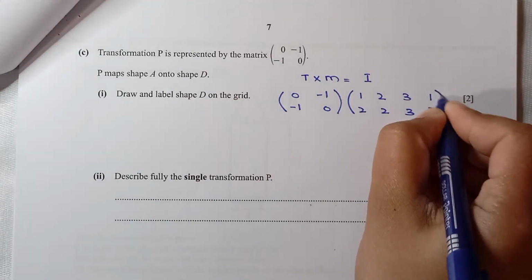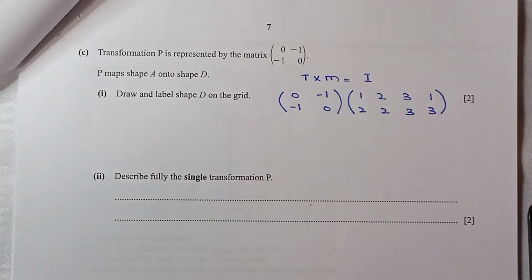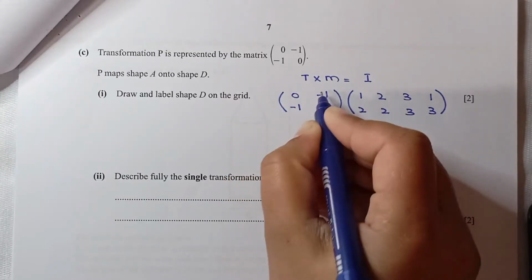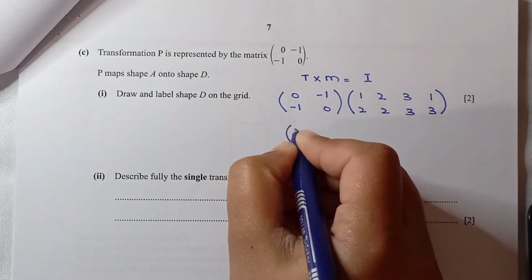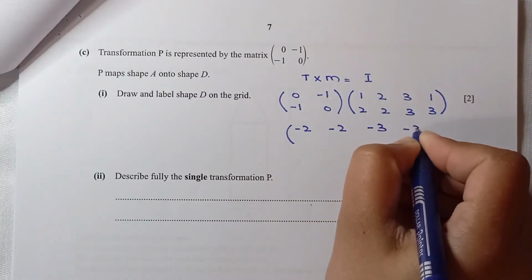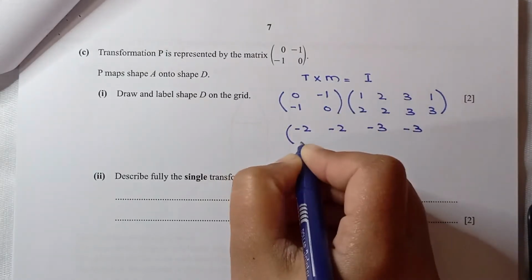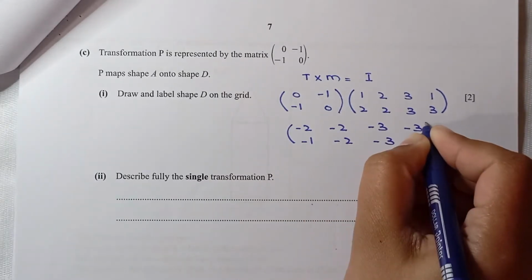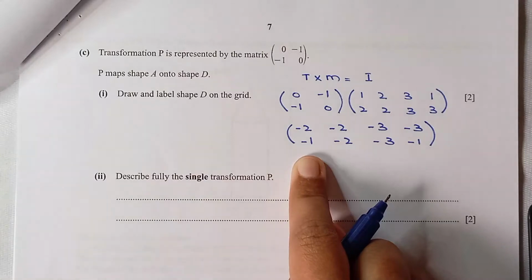So let me multiply to get the coordinates for shape D. Rows are going to multiply with columns, so it's 0, and this is -2, -2, -3, -3. And we have -1, -2, -3, and -1. So these are the coordinates for shape D.